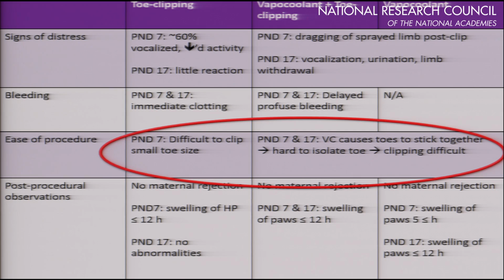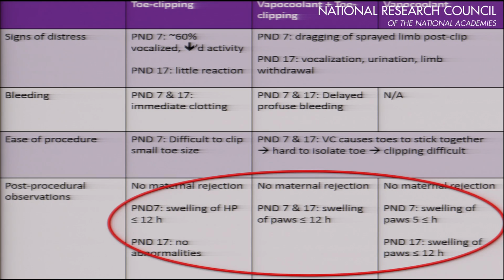The staff member, the technician doing this work, found it very difficult to clip the toes at day 7 when the vapor coolant was used, and it was not difficult to do at 17. And in either case, 7 or 17 days of age, anytime the vapor coolant was used, it made it considerably more difficult because the digits would be adhered to one another.